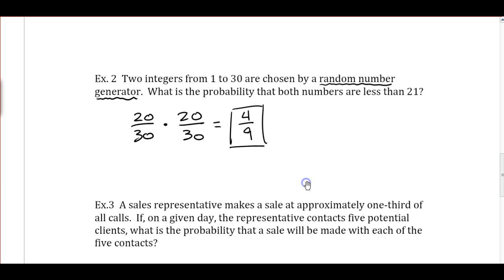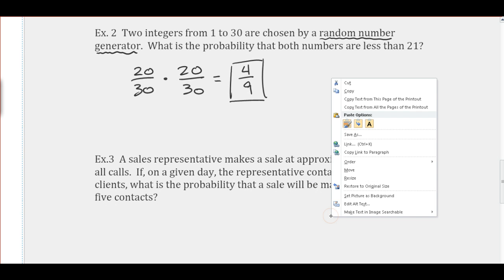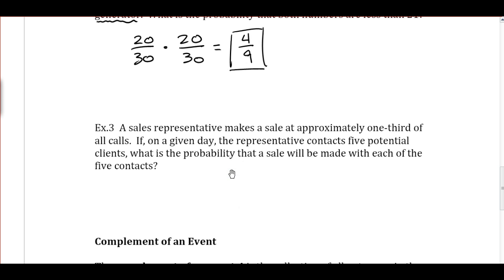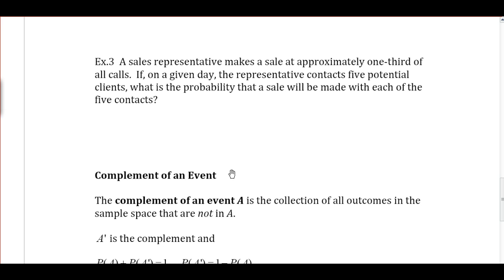Moving on to another example about independent events. A sales representative makes a sale at approximately 1/3 of all calls. If on any given day the representative contacts 5 potential clients, what is the probability that a sale will be made with each of the 5 contacts?